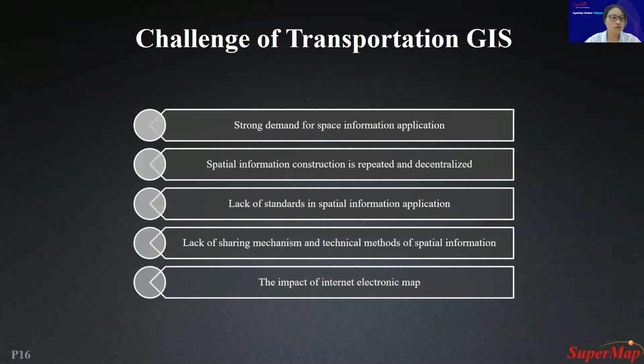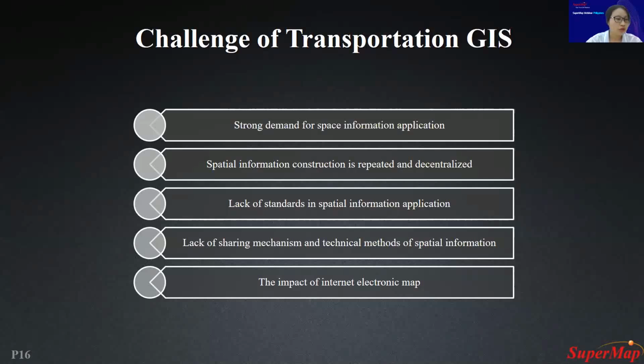Then let's also see what the challenges of transportation GIS are. Firstly, with more and more GIS data generated, how do we manage, store, and update the increasing information? There is also a large amount of repeated and decentralized spatial information, so how do we optimize it?